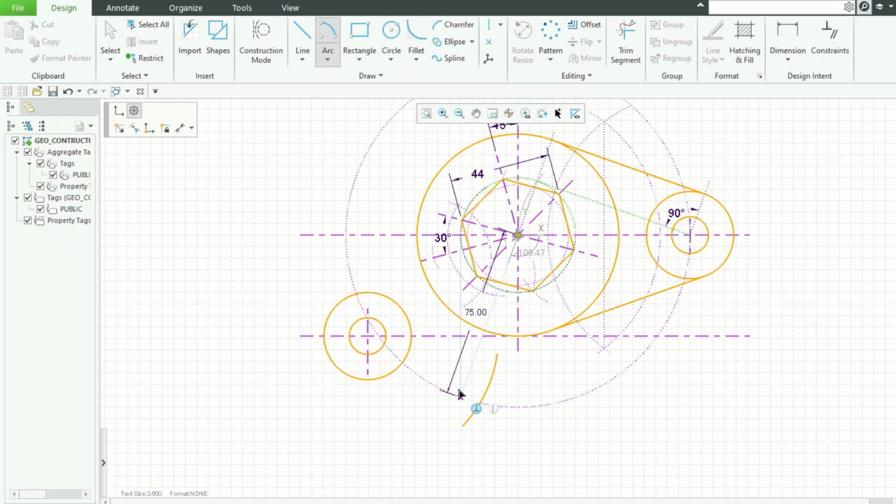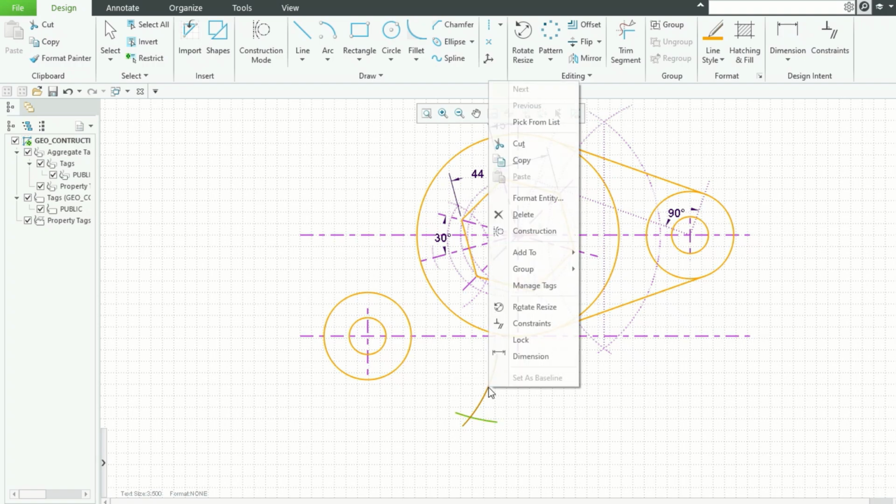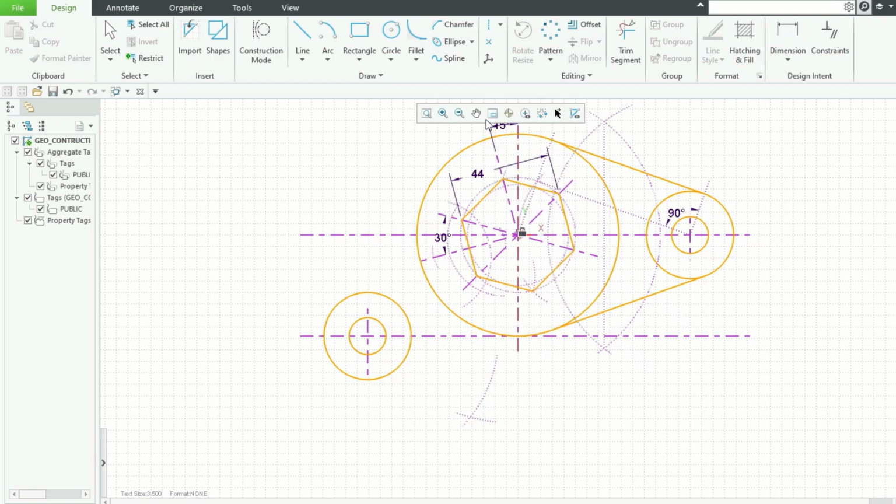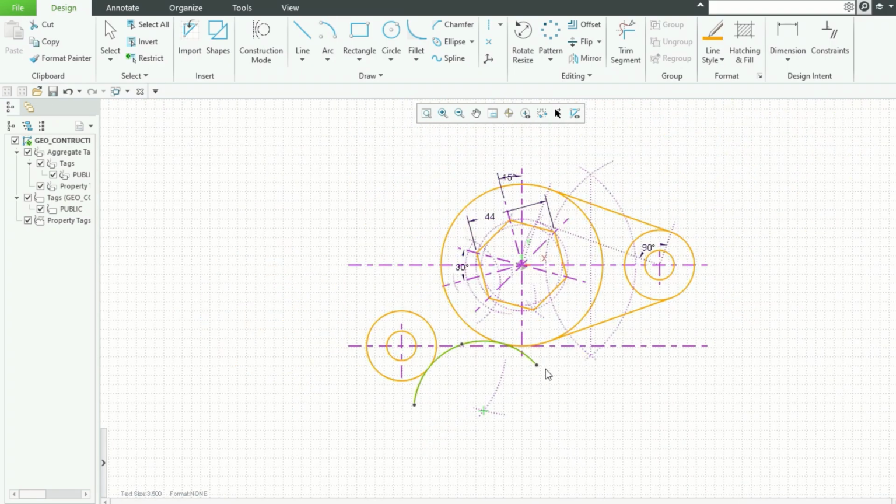And again from here it is 44 mm radius plus 38. These two are construction elements. From this intersection point, let's draw an arc at 38.